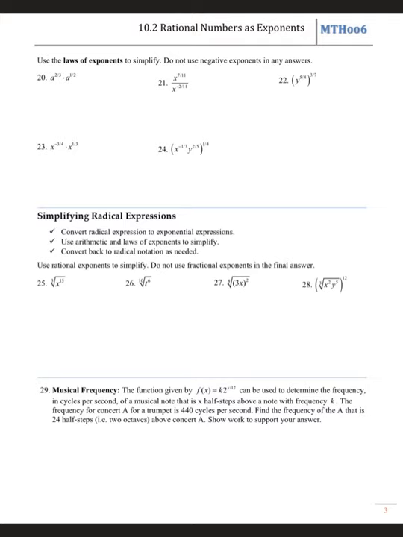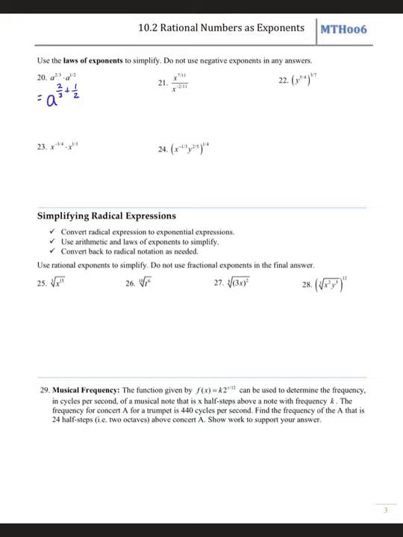So the first one, we have a base of a. Again, you always want to make sure if you're dividing or multiplying, you have the same base. And just like we looked at on the previous page, where they're being multiplied, we need to add the exponents here. So we have a base of a, and we're taking 2/3 plus 1/2. Again, if you need to, use your calculator to do this.